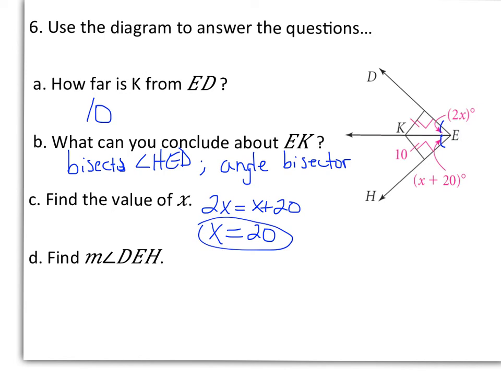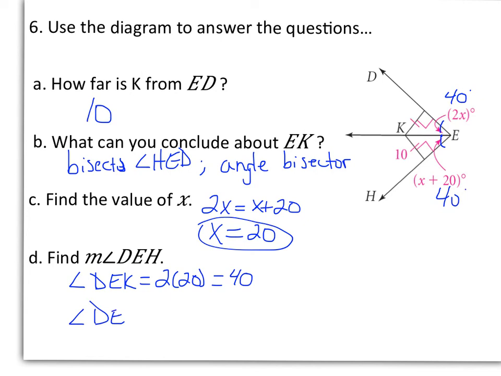First, let's find angle DEK, which will be 2 times 20, or 40. So that makes both of my angles here 40. Then angle DEH will be those two angles added together. So 40 plus 40, or 80 degrees. And that concludes our examples for section 5.2, bisectors in triangles.